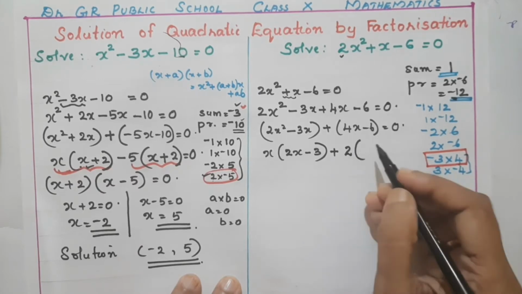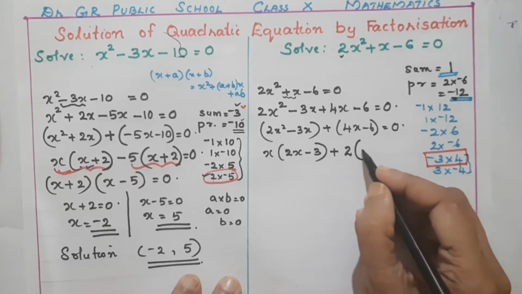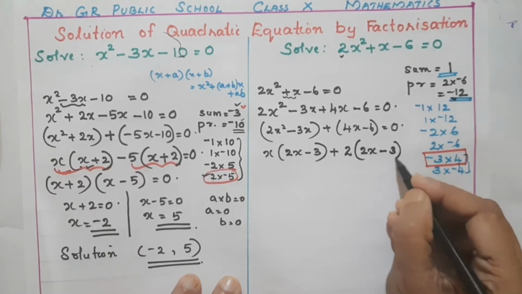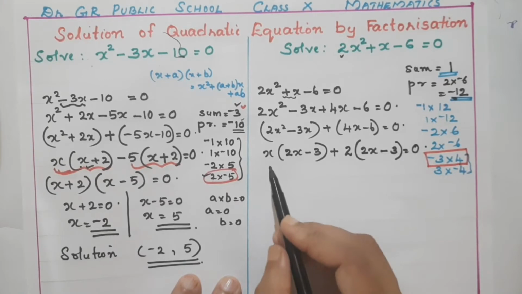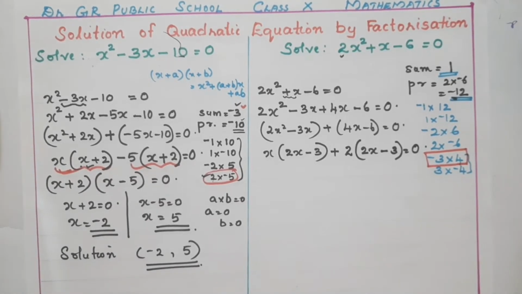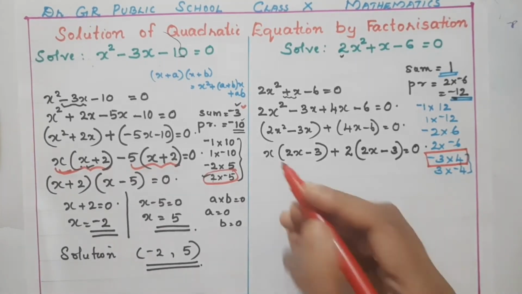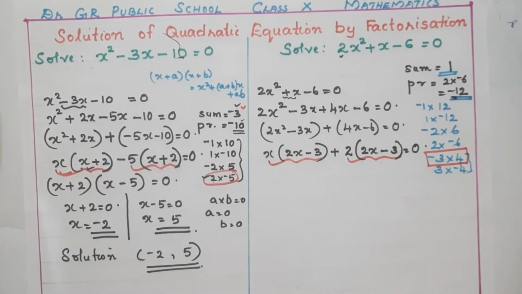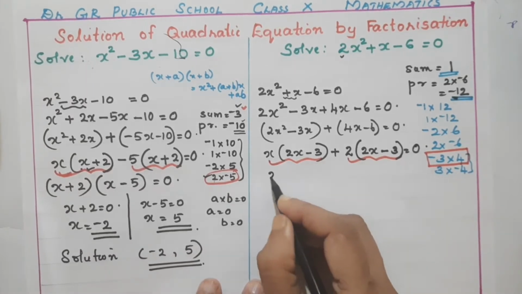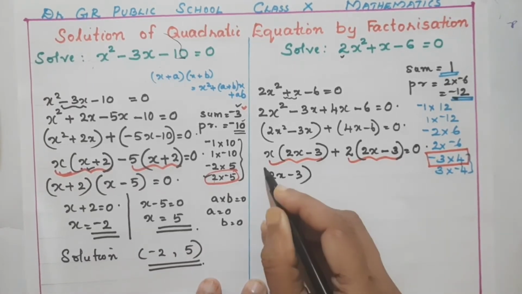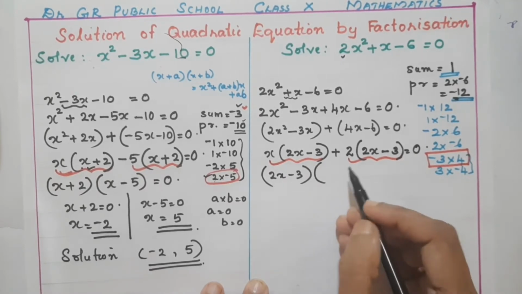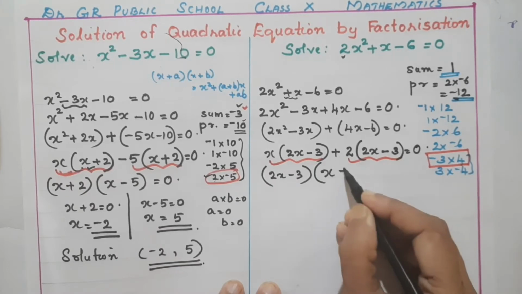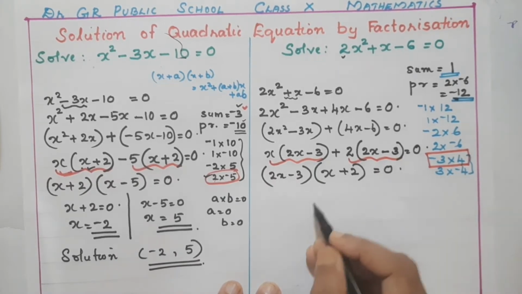So we can take 2 as common. 4x by 2 is 2x, minus 6 by 2 is 3, equal to 0. Now which is the common factor in both the terms? This is the first term, the second term. What is the common factor? 2x minus 3. So 2x minus 3 is common, that is in one bracket, remaining in another bracket. Here which is remaining? x here plus 2 equal to 0.